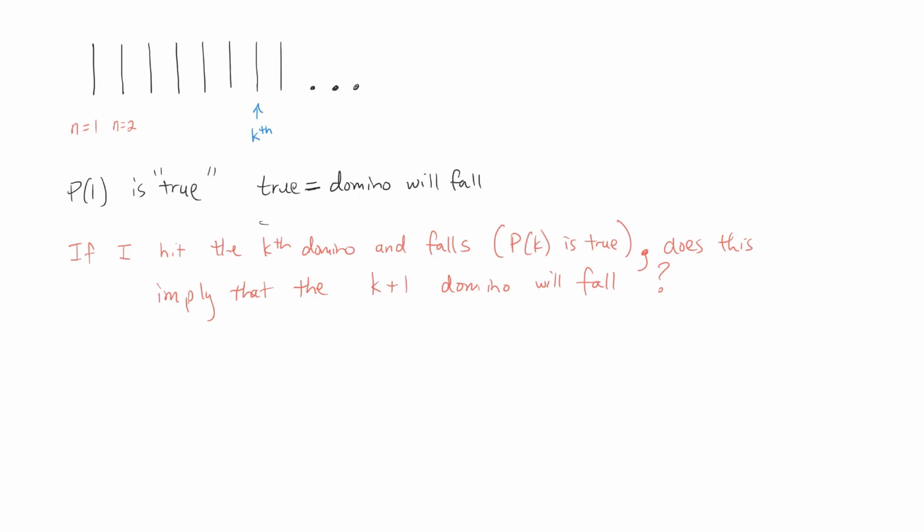So this leads us to a formal method of proving statements that are equivalent to the natural numbers. So we're going to say proving a statement, and we're going to use a notation for that statement called P of n.